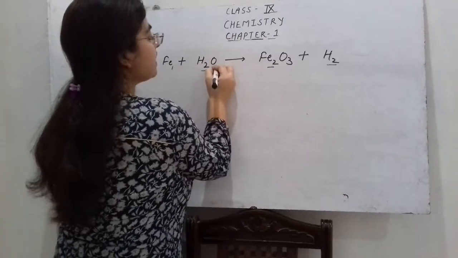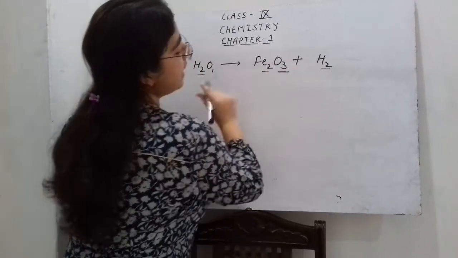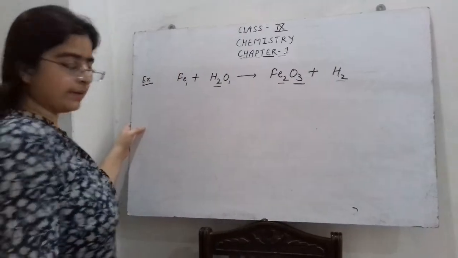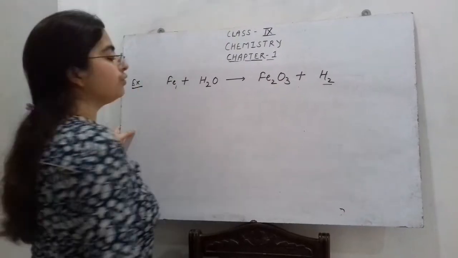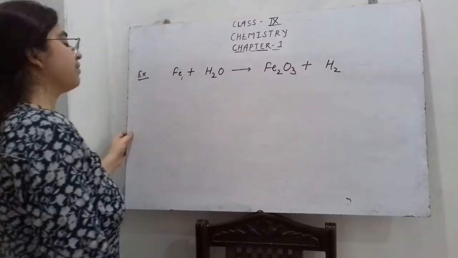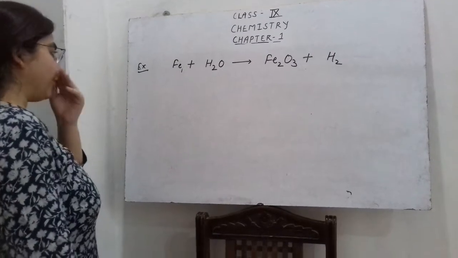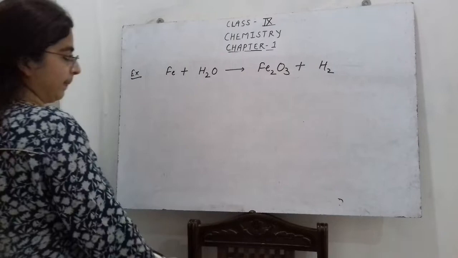Nothing is written, it means that only 1 atom of oxygen is there, and in the product side 3 atoms of oxygen are there. So in order to balance this, now we came to know that this is a skeleton equation. In order to balance this equation, first of all we will balance the iron.